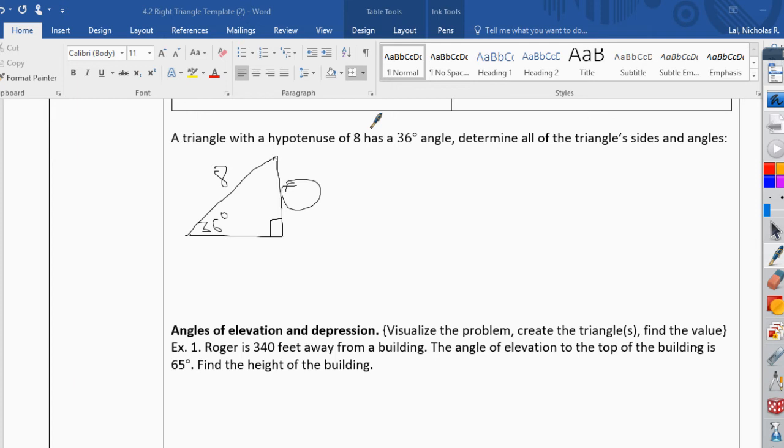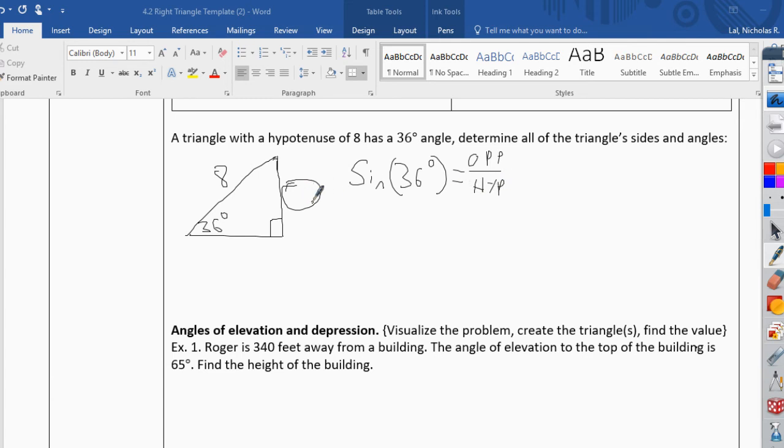Sine, cosine. Which one would work best? Sine. If we take the sine of 36, what is the sine of an angle? Opposite over the hypotenuse.